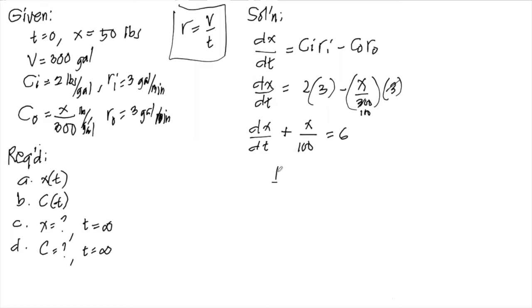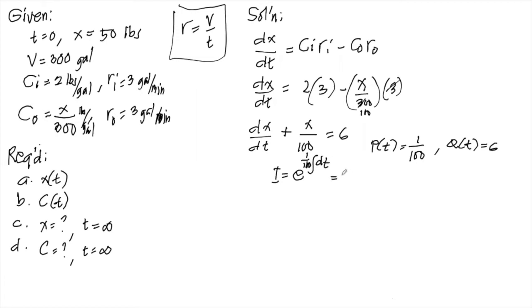So we solve now the integrating factor, which is e raised to the integral of ano yung ating p as a function of t? That is 1 over 100. And our q as a function of t is 6. So ibig sabihin lang, 1 over 100 times dt.